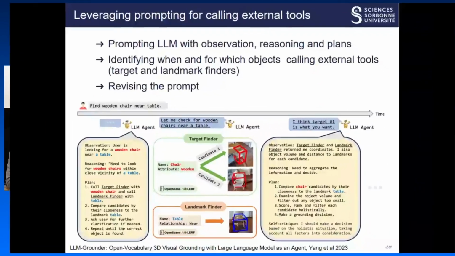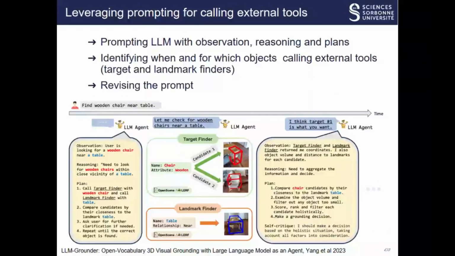Another category of work using large language models targets calling external tools. In the NLP community, we have a paper called Toolformer, maybe you might know, and the objective of Toolformer is to generate tokens using probability, but also to learn how to call external APIs to improve the factualness of the generation.